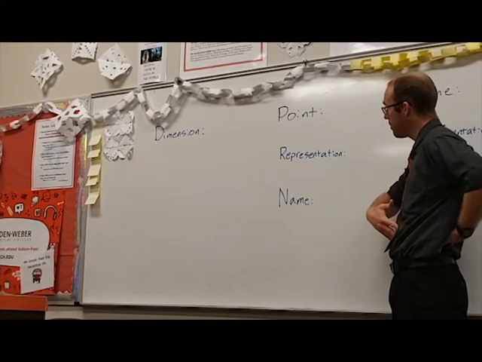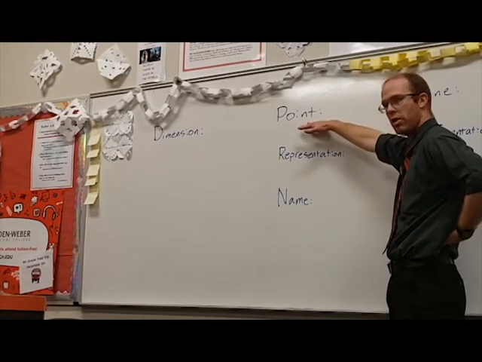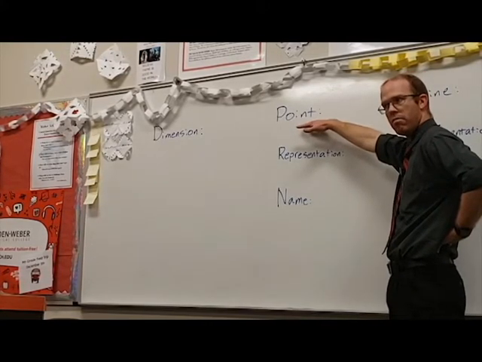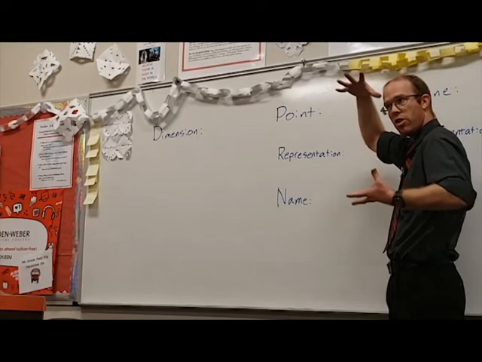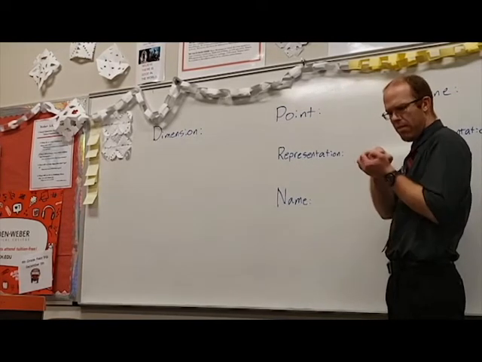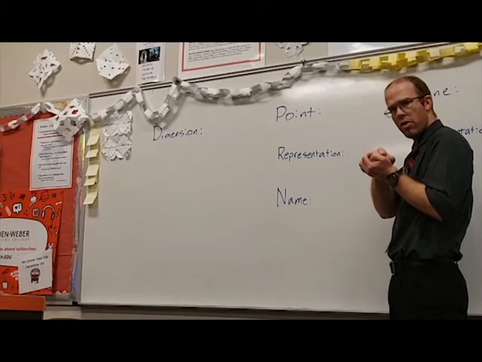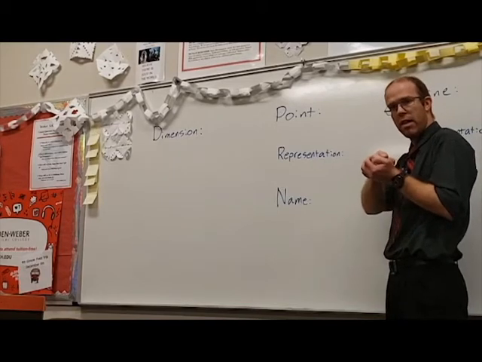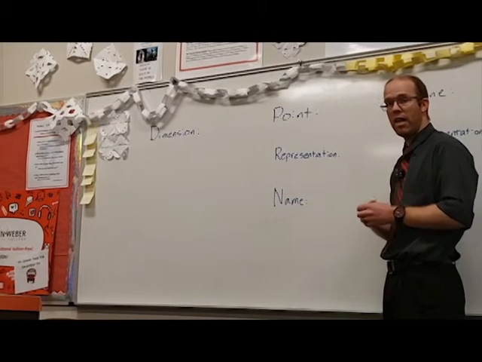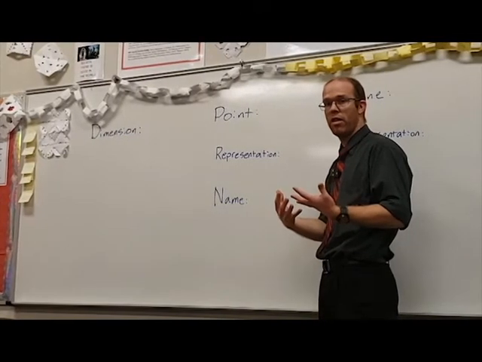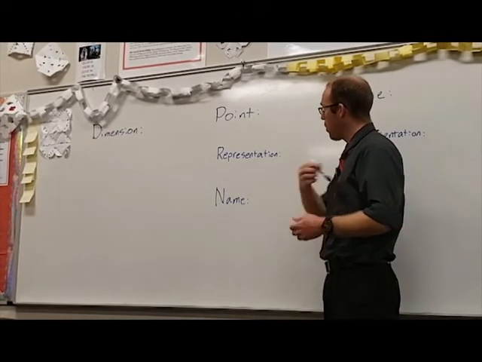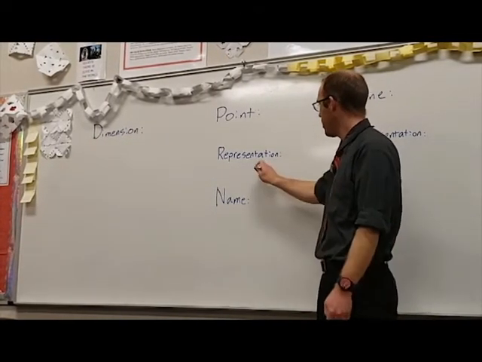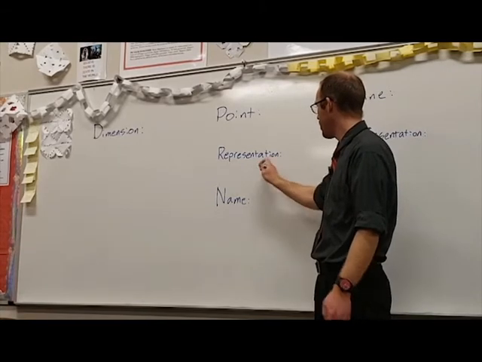A point is simply a location. It is something that has been squished down to an infinite smallness so that it doesn't have any length, it doesn't have any width, it doesn't have any height. It's just a location.